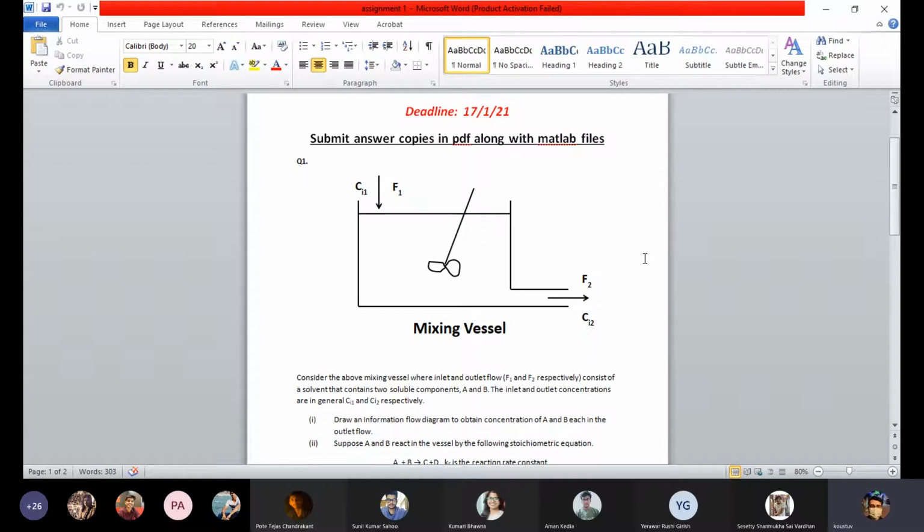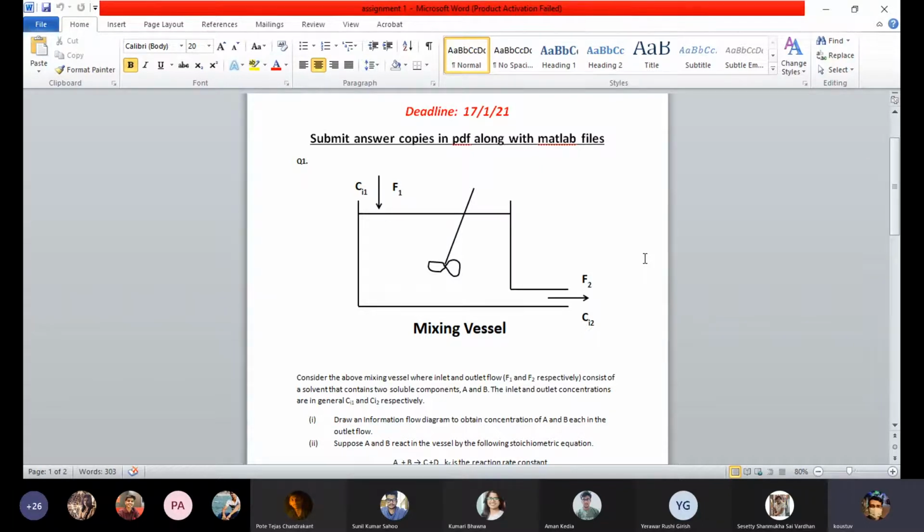CI1 is the concentration of A, it could be the concentration of B, or C, at 1, that means at the inlet points. Similarly, the concentration of A or B, or of any more components I add to the system, at 2 means at the exit point.